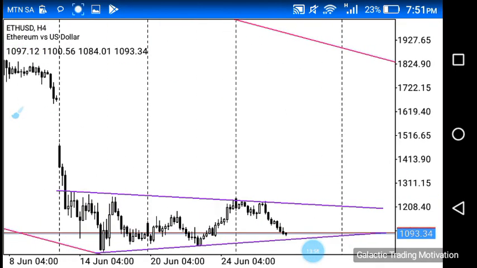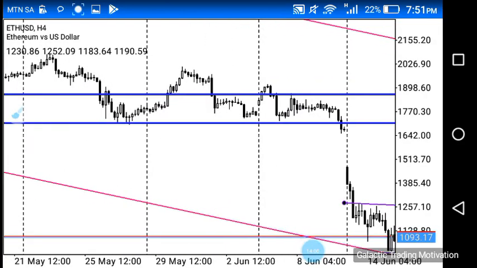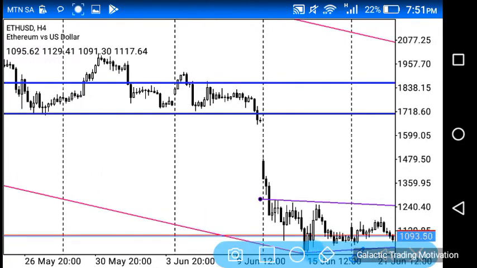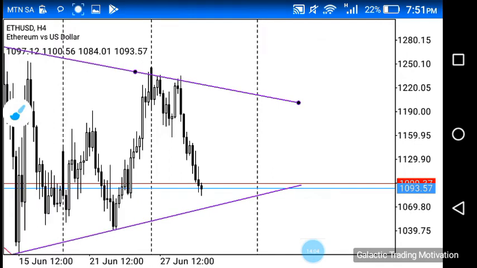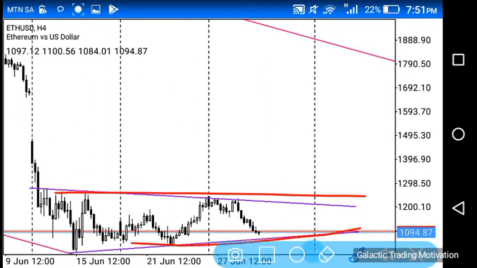On the H4 chart, over and above us having this triangle over here, we also need to note that we have an M formation in here with the neckline being there, right? And we're yet to see price come to that neckline to retest it.